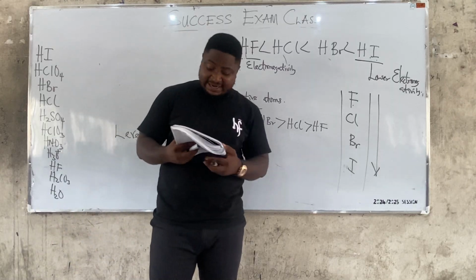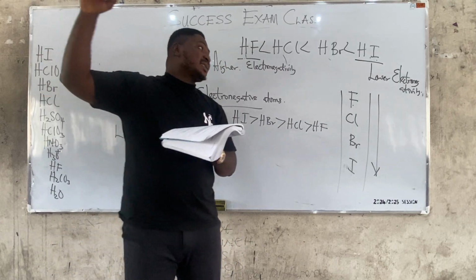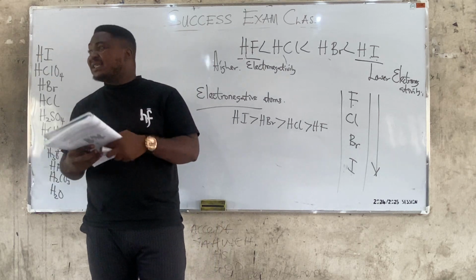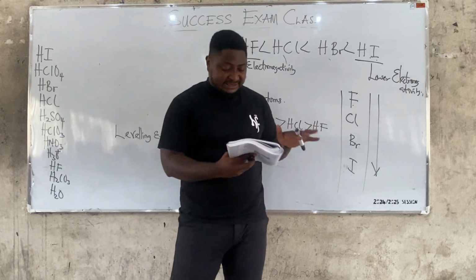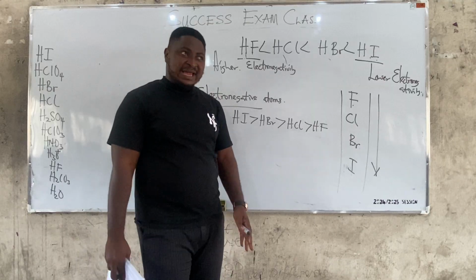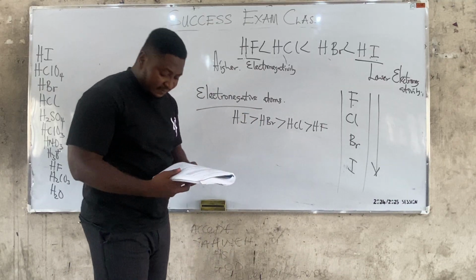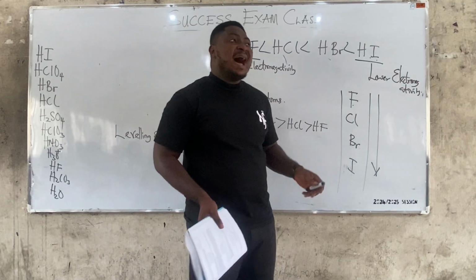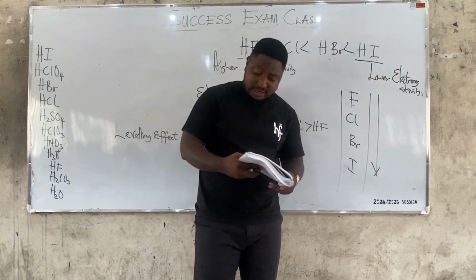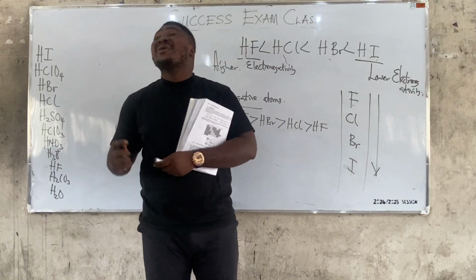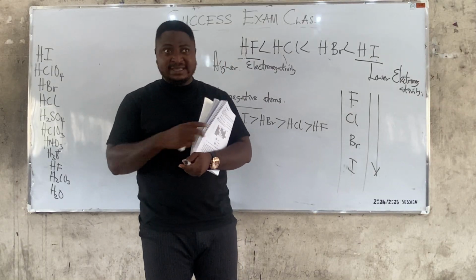Does that align with what we explained? Yes. Listen to that very well. The strength of an acid increases as the electronegativity of the non-hydrogen atom decreases. So the lower the electronegativity, the stronger the acid. Makes sense, right?